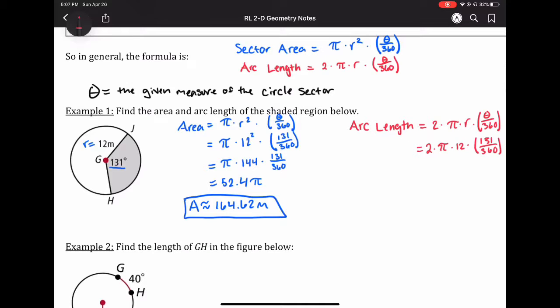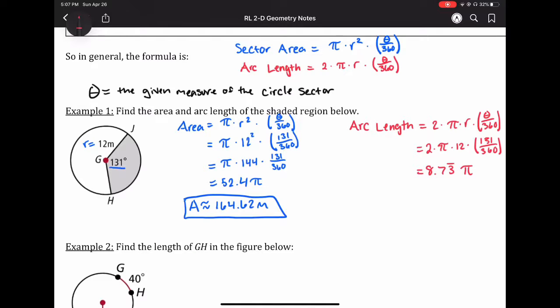You can actually type that right in your calculator, all in one step. Just make sure that you are putting parentheses around your 131 divided by 360. Just to be careful, for some of your calculators, it might make a difference. So when I put all that in my calculator and multiply it out, it gives me that I have 8.73, where the 3 is repeating, times pi.